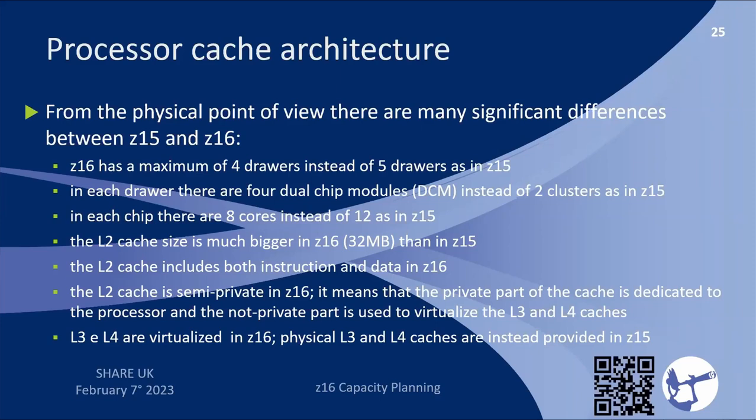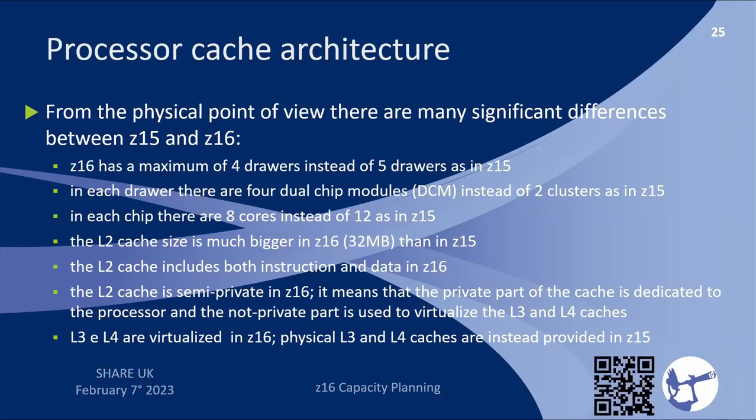So it's statistically more difficult to get there. But apart from that, there are still major changes. In each drawer, there are 4 dual chips instead of 2 clusters. And in each chip, there are 8 cores instead of 12. And this is a comparison between Z16 and Z15.